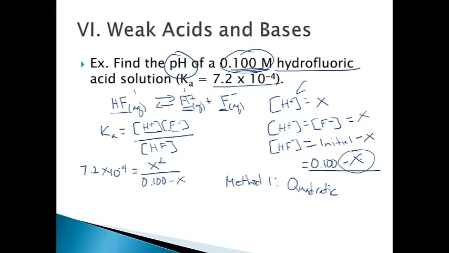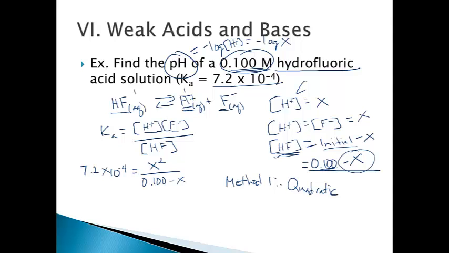X cannot be bigger than 0.10 because when you subtract it from the initial, this concentration can't come out to be a negative value either. So if you do come out with two positive roots, make sure you pick the one that is smaller than the initial concentration. And that will give you the H plus. Don't forget, you're looking for the pH, so you have to do the negative log of the H plus, which means it's the negative log of the X that you just solved for.